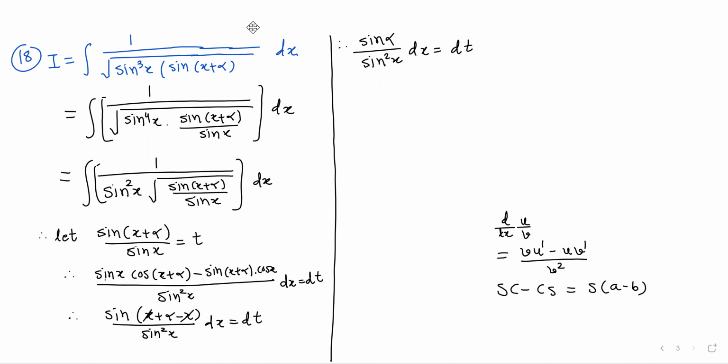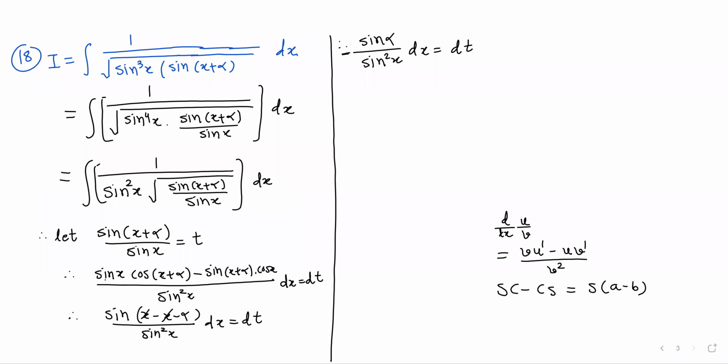So we took this first term, okay, minus x minus alpha, x gets cancelled. Okay, sin of minus alpha is minus sin alpha.